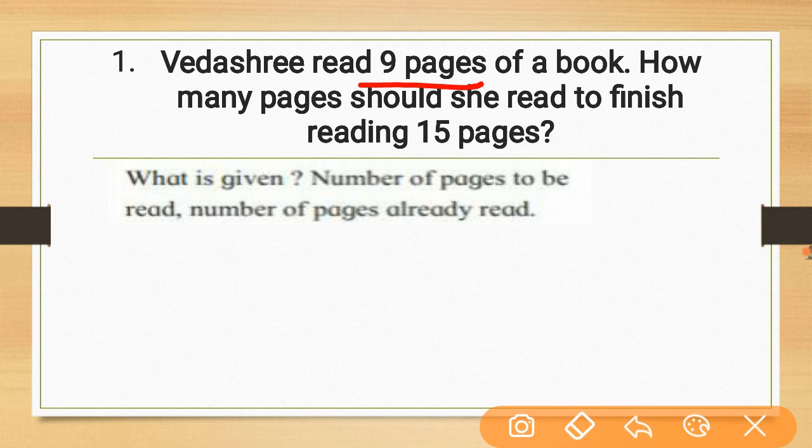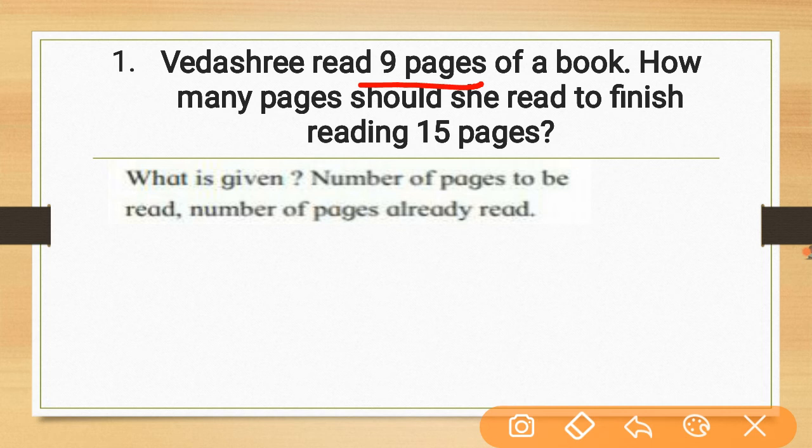And the total number of pages she has to read is 15. She has already finished 9 pages. So what is asked in this question? How many more pages she has to read to complete 15 pages?